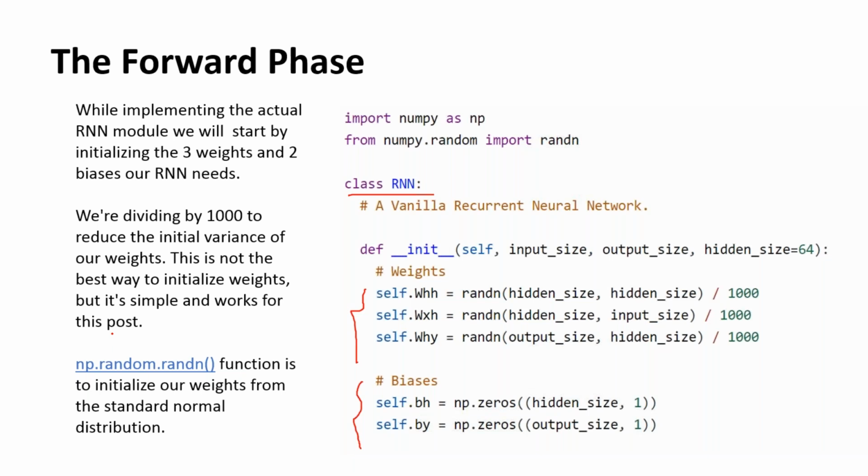Any of these examples you actually work on, it's up to you how you define these particular models. In NumPy, the random function initializes our weights from the standard normal distribution. We get np.random.RandomState as a random state, so we can define that also in the RNN module implementation.